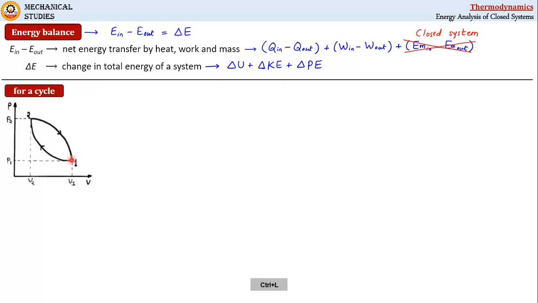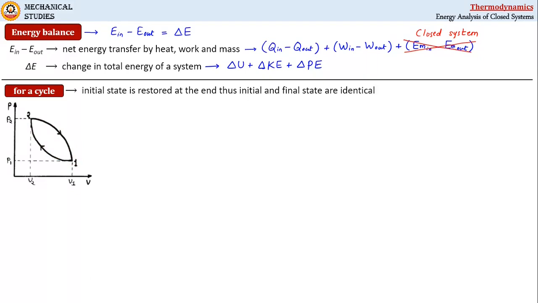We know when system undergoes a cycle, it returns to its initial state such that initial and final conditions are identical. So here in this case, as the initial and final states are identical, change in any property of the system over entire cycle will be 0.